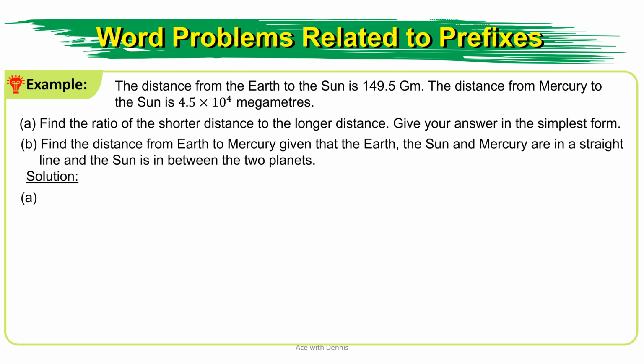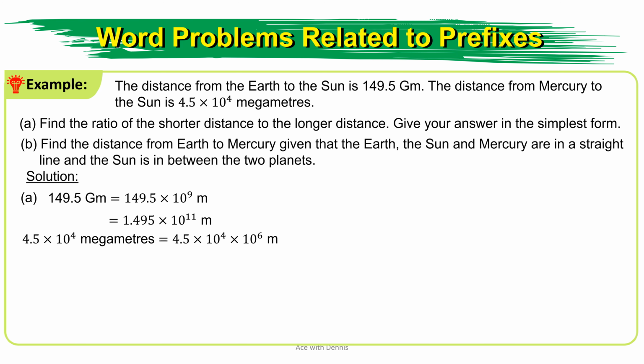Here is the solution. For A, we have to compare and determine which distance is the shorter distance and which distance is the longer distance. So 149.5 gigameters equals 149.5 times 10 to the power of 9 meters. And changing it into standard form, we get 1.495 times 10 to the power of 11 meters.